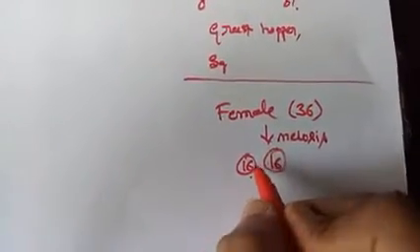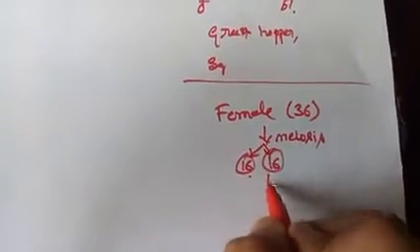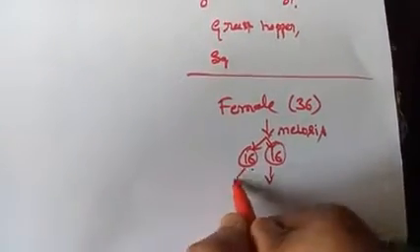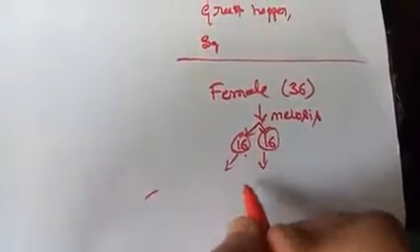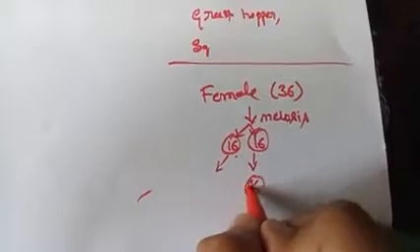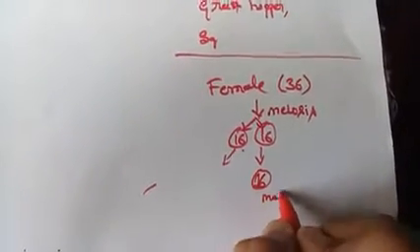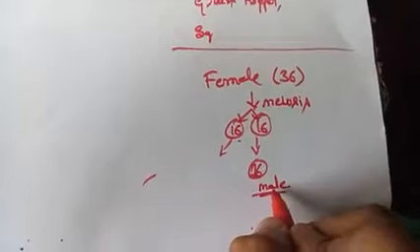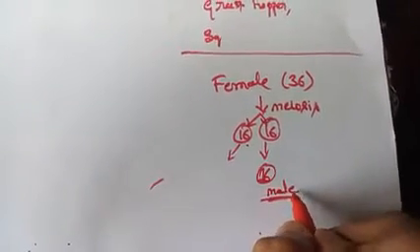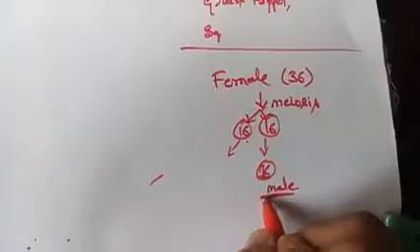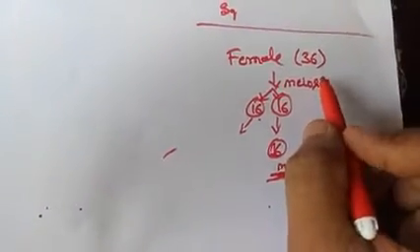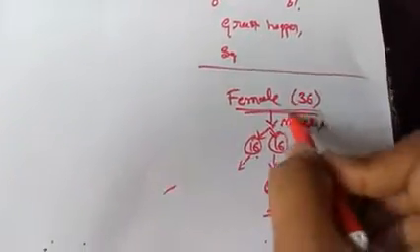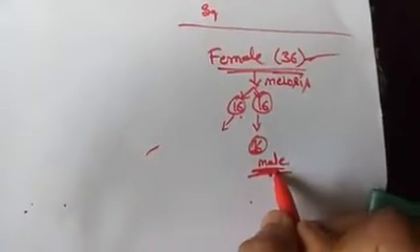One of these gets fused with the other gamete, then it will form the diploid. But one which continues without fusing, without fertilization, is the unfertilized egg which develops into the male. That's why I said diploid set of chromosomes leads to the female, haploid set leads to the male.